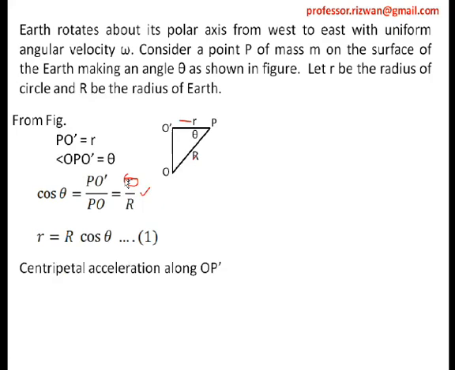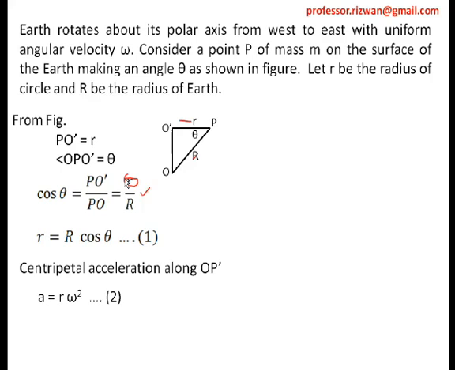Now the centripetal acceleration along PO dash is a equal to r omega square. We have seen this formula when we studied centripetal force and centripetal acceleration in circular motion.